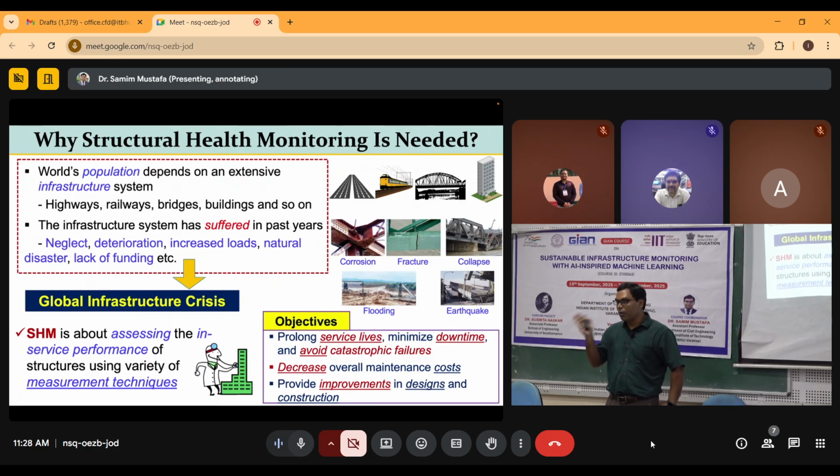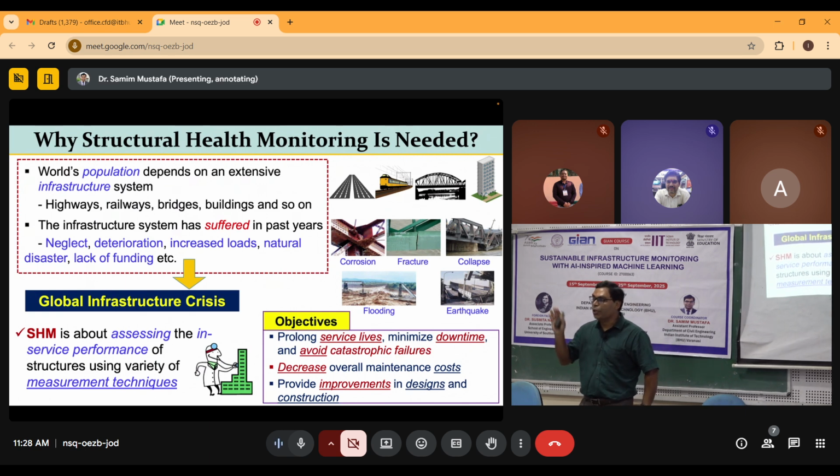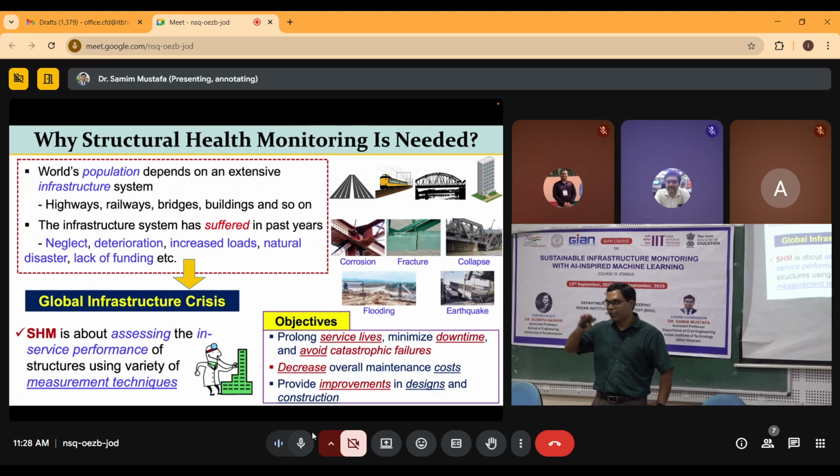So you know how the system is performing now. Okay, so you can compare with your design drawing or numerical model. From the numerical model you can also come to know what the performance of the structure is, and you can compare the actual performance of the existing infrastructure with the performance that is supposed to be there from the numerical model.